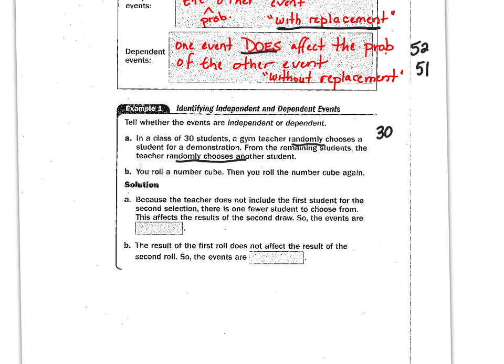Then you call on another student, and you have 29 to choose from. So these would be dependent events. You roll a number cube, and then you roll a number cube again. Well, when you roll it the first time, you have 6 outcomes on the first roll, and then you have 6 outcomes on the second roll. One does not affect the other one, so it's independent.